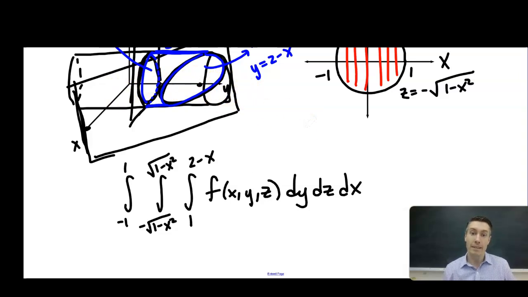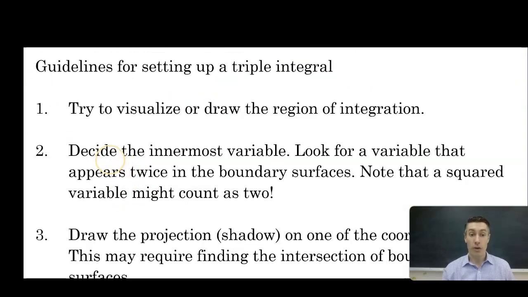So right off the bat, as similar as triple integrals are to double integrals, this whole process is definitely more complicated because we're not just working in one of the coordinate planes. We could project onto the xy, the yz, or the xz plane for our projection, and that's going to be based on how the surfaces define our solid. So to help us out, first thing, always try to visualize or draw the region of integration.